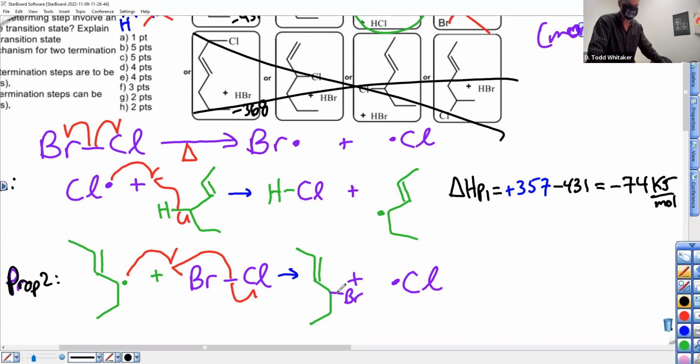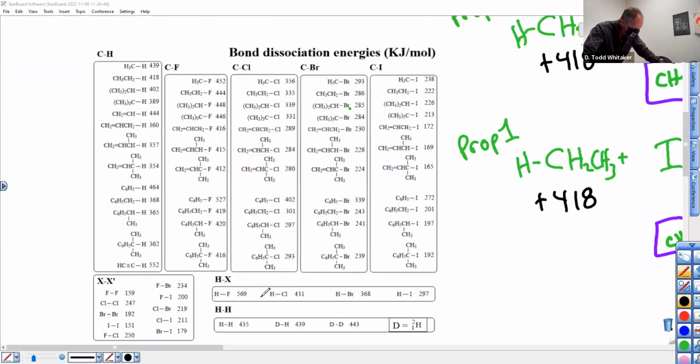The category of the carbon. Secondary allylic is the only number that works. Secondary allylic carbon bonded to bromine. Bromine, right here. Primary allylic, right there. Secondary allylic, right here. Okay, so I need -228.